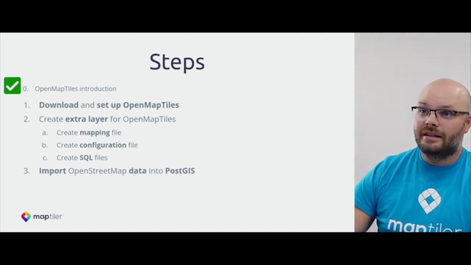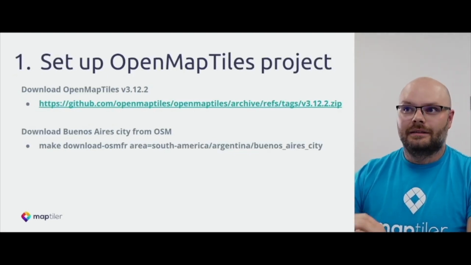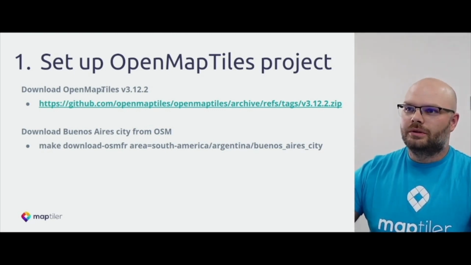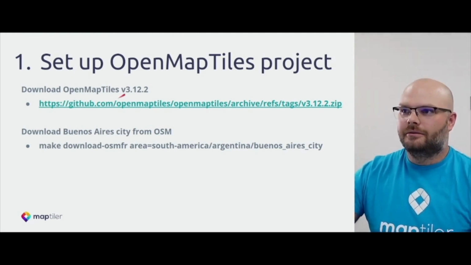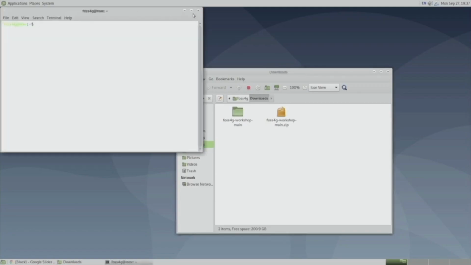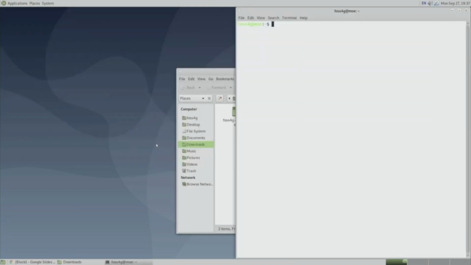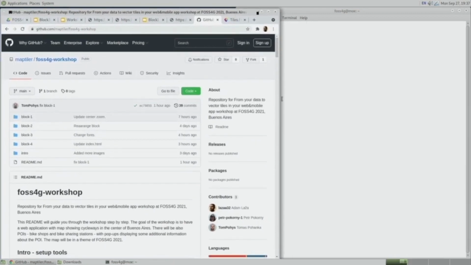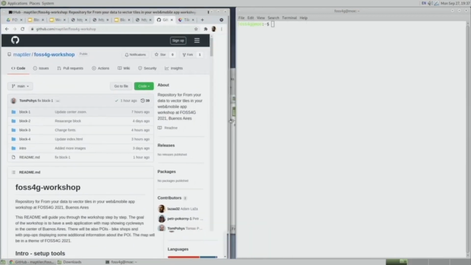In this first setup of the OpenMapTiles project, we will download OpenMapTiles in version 3.12.2, the last stable version. And we download Buenos Aires city from the OSM.fr server. And as a backup, I will use a GitHub repository.